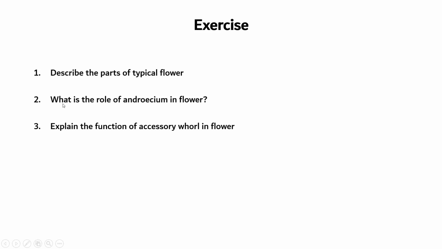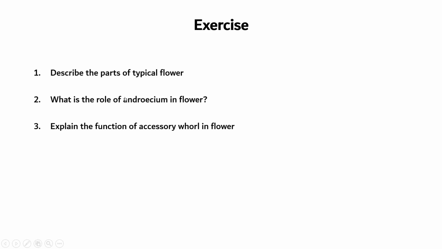The second question is: what is the role of androecium in a flower? Dear students, we have studied that the androecium is the third reproductive or essential whorl of the flower. The individual of androecium is the stamen. A group of stamens is called androecium. A typical stamen has the anther.